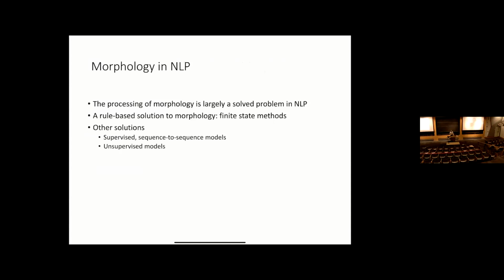So in NLP, there are actually pretty good solutions to morphology. There's an old rule-based solution, which we'll talk about today, and which you will work on in your homework too, which is using finite state methods to do morphology. This is still widely used. If you go to Google, they actually employ an army of computational linguists to write FSTs to process morphology of every conceivable language.